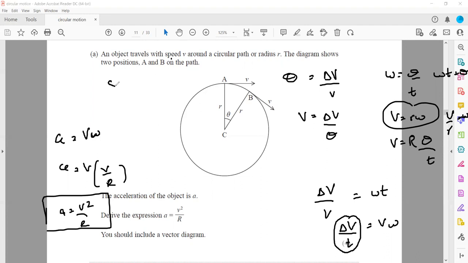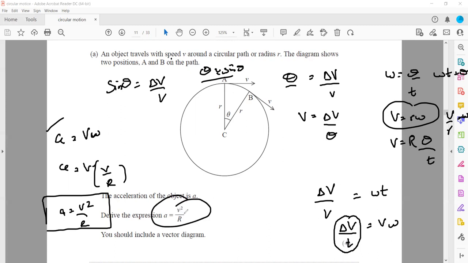After drawing the vector diagram, we work out that sine theta is perpendicular divided by hypotenuse, so that is delta V over V. But because theta is very small, sine theta and theta have the same value, so theta is delta V over V. And the other formula, omega is theta divided by T, so theta is equal to omega T. From these two formulas we work out that delta V over V is equal to omega T, or delta V over T is equal to A and equal to V omega, and V omega is equal to V over R. So we substitute, and we get A equal to V square over R. So this is the derivation of the formula for centripetal acceleration.